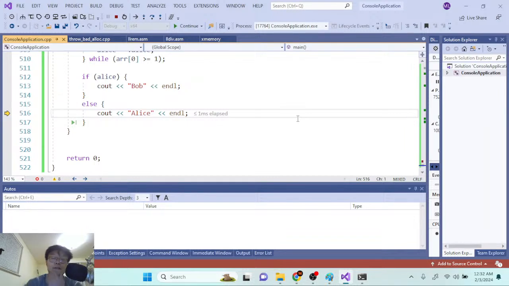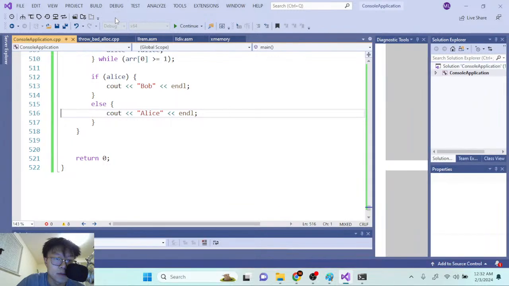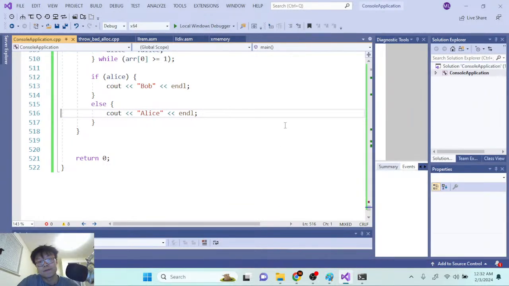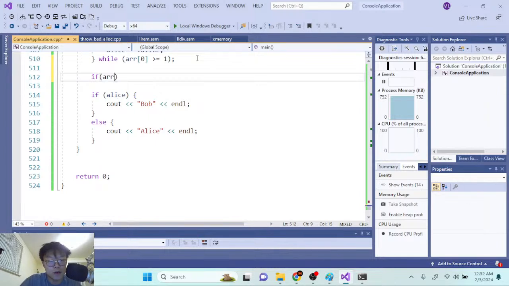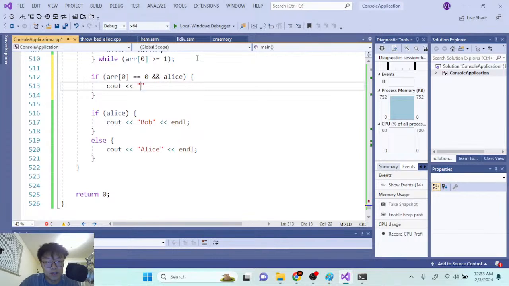Okay, this is so annoying. Okay, you know what? Fine. For this weird circumstance, if R0 is equal to 0 and it's Alice's turn, let's just say Alice wins.